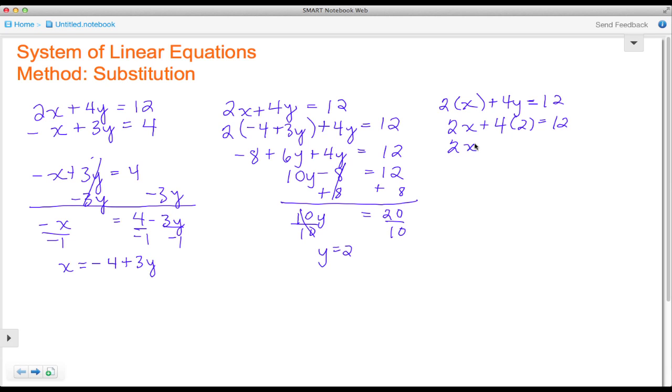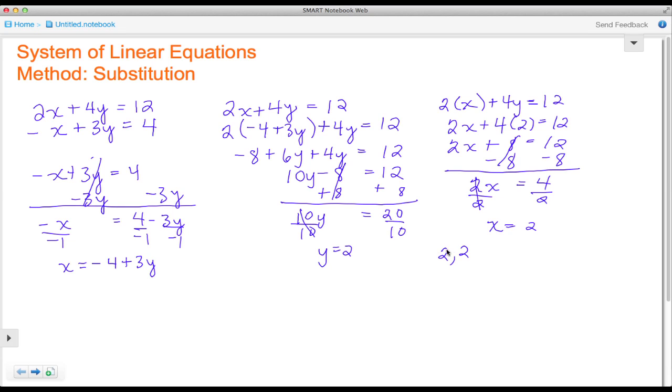Here I have 2x plus 8 is equal to 12. Then I'm going to subtract 8 from both sides. These 8's cancel, and I'm left with 2x is equal to 12 minus 8, which is 4. I divide both sides by 2. Those 2's cancel, and I'm left with x is equal to 2, because 4 divided by 2 is 2.